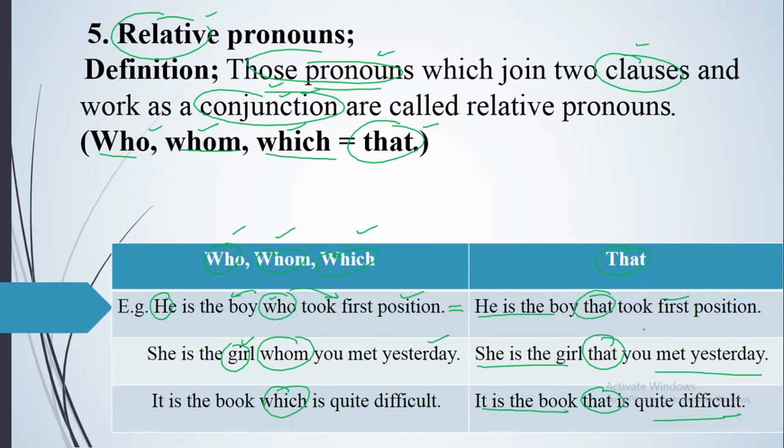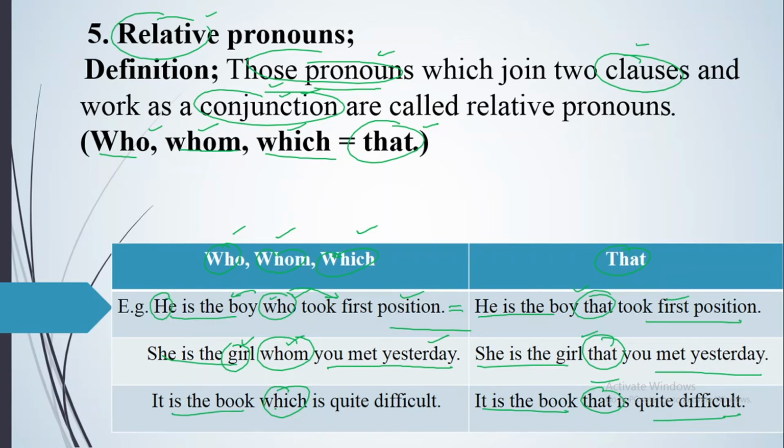He is the boy who took first position is joined with the word that, and your relative pronouns also work as the conjunction that. He is the boy is related with took first position by the wh word who. In the same way, she is the girl is related with you met yesterday by the wh word whom as an object, the first one as a subject.